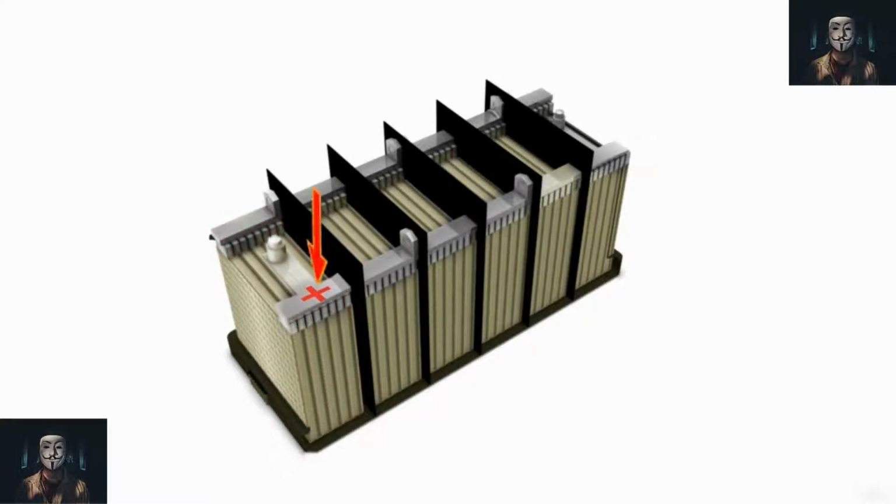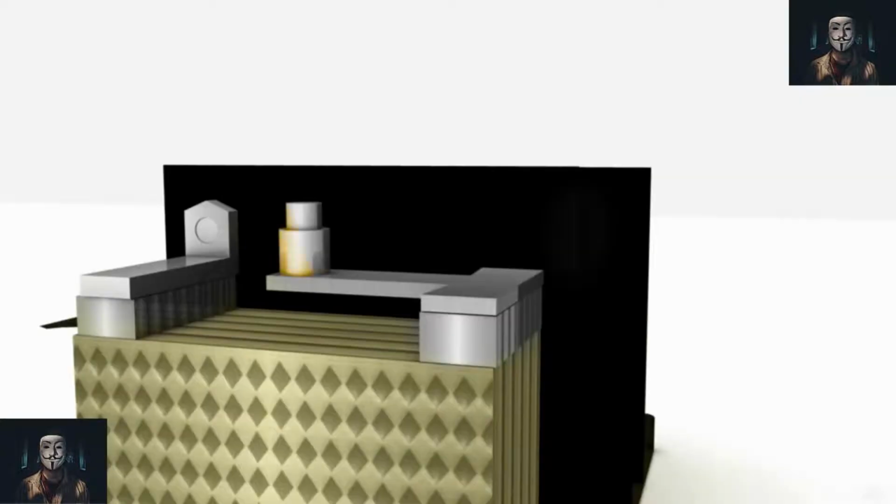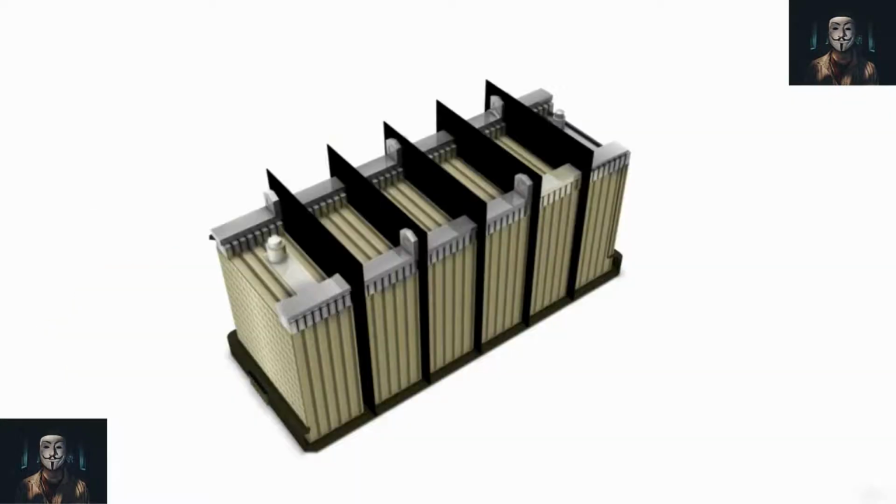When a battery is in charged state, the positive plates of lead peroxide are reddish brown in color, and the negative plates of spongy lead are gray in color. When the battery is discharging, a chemical reaction with the electrolyte changes both plates to lead sulfate.